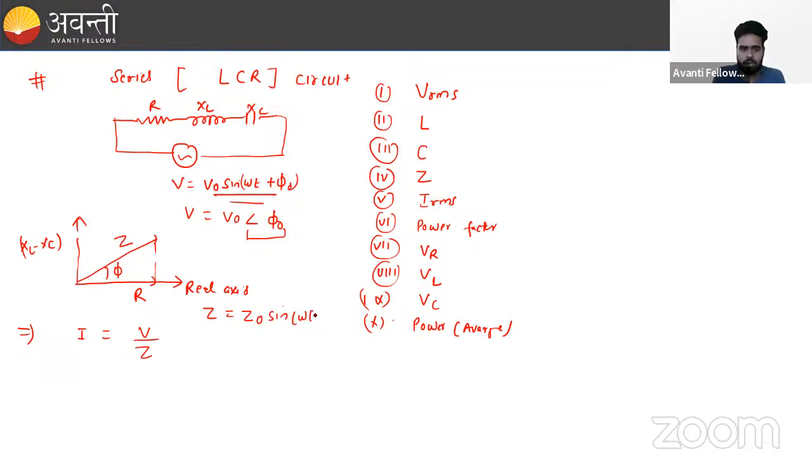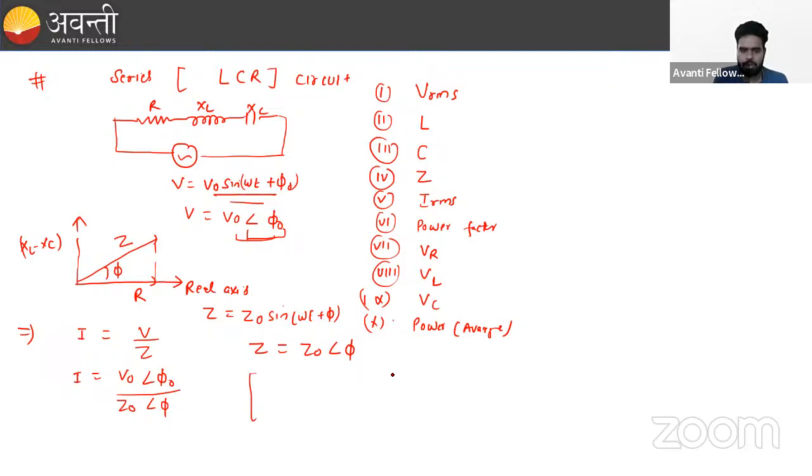This can be written as omega t plus phi. So in short, we can represent Z as Z naught angle phi, correct. So if you want to find the value of I, we can put the value of V, which is V naught angle phi naught. Again, we can put the value of Z naught angle phi, right?